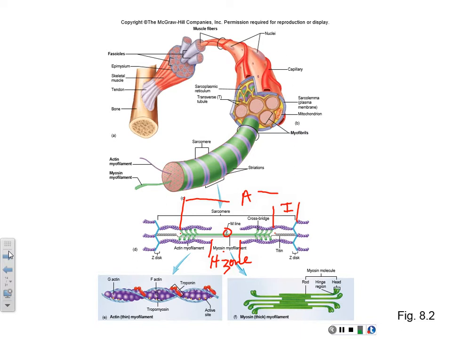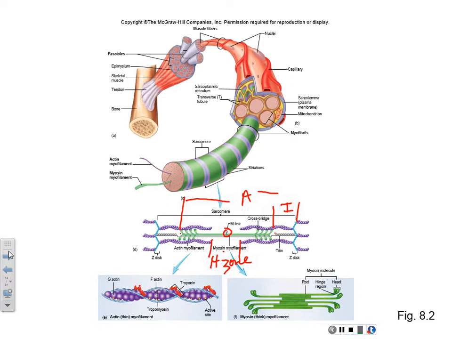Okay, and for it to stay in place, you need a 3 unit. Those 3 units, 1, 2, 3, will bind and anchor tropomyosin onto actin. So that's why when the calcium comes in, it will attach to troponin, and then when troponin changes its shape, it's going to pull tropomyosin out of the way with it.